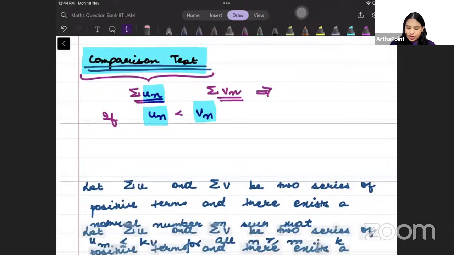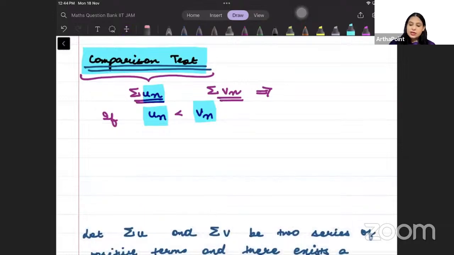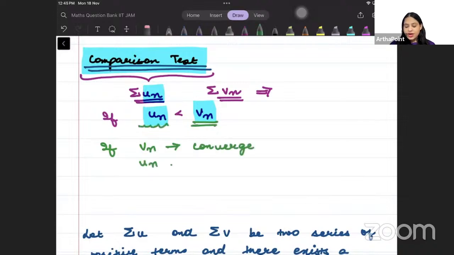Then we can say that if Vn, the bigger series, converges, then the smaller series will automatically converge.